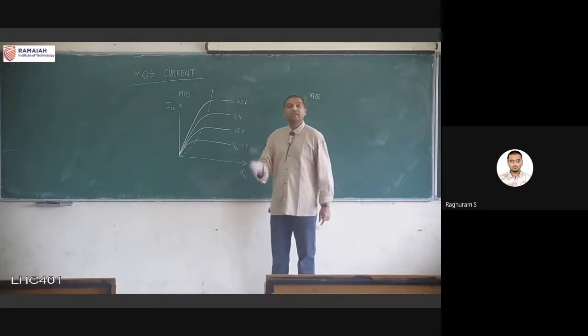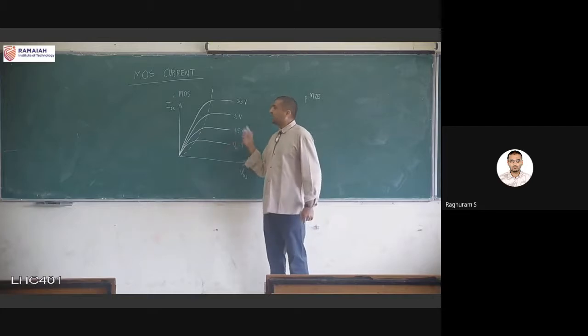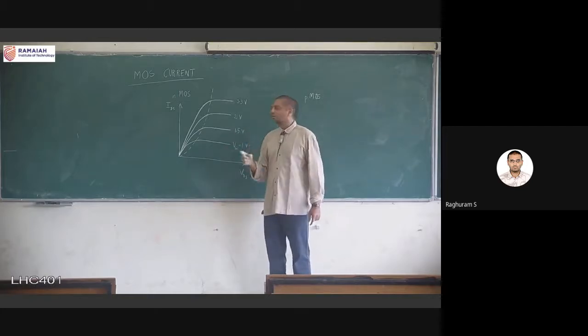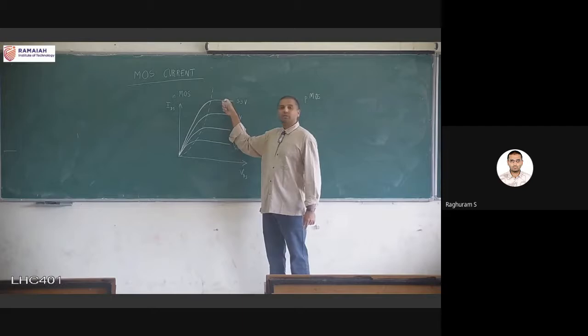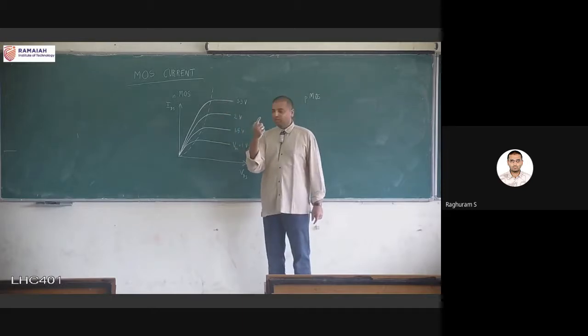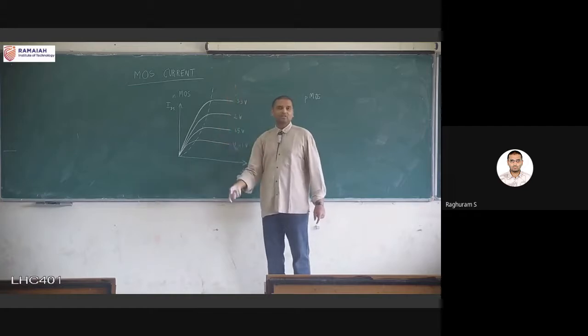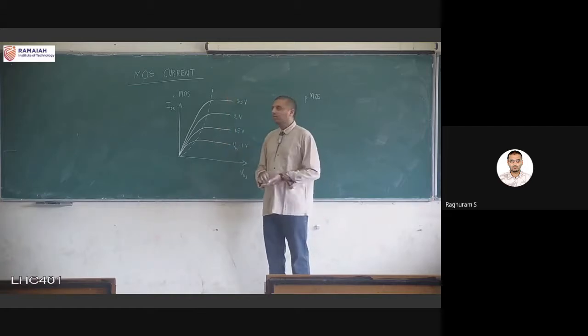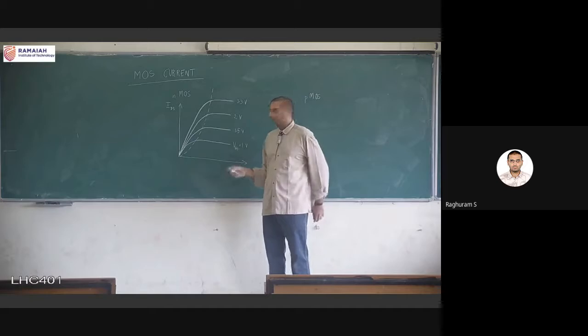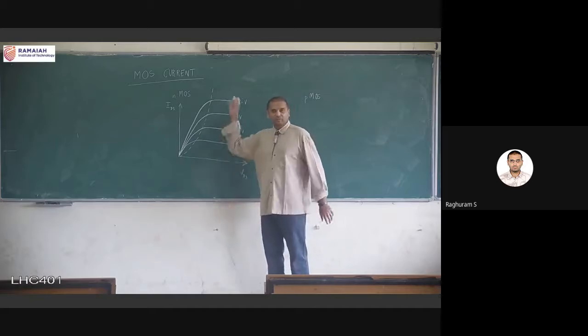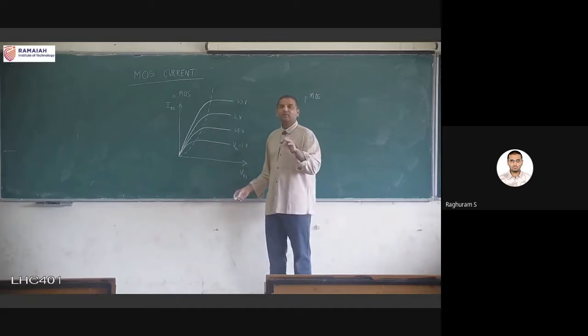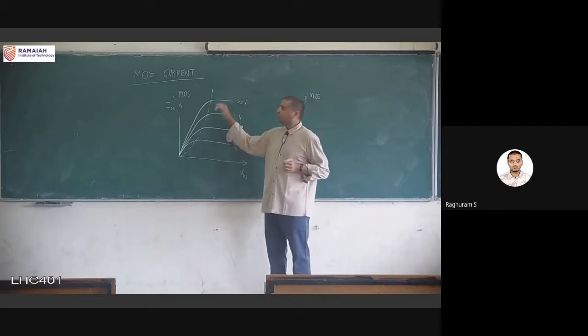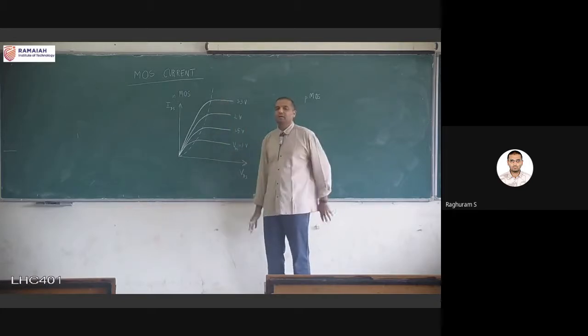Suppose the power supply is fixed, then you have to change the W by L. Suppose you want this type of curve with a power supply equal to 1 volt, then you have to change the W by L by that much, because the power supply is not in your hands. You have these characteristic curves for different values, but once the power supply is fixed, to go from this point to this point, the W by L is the only option.